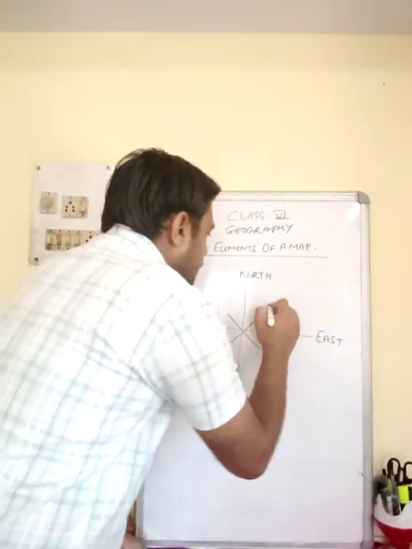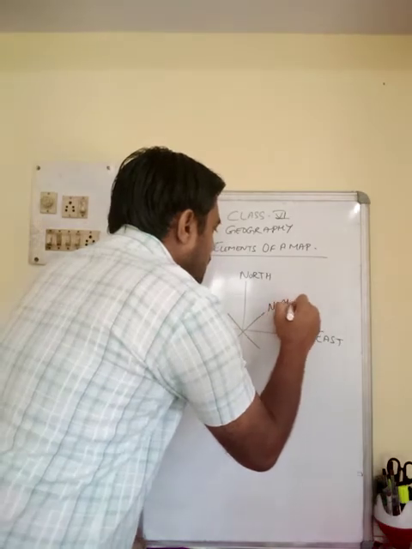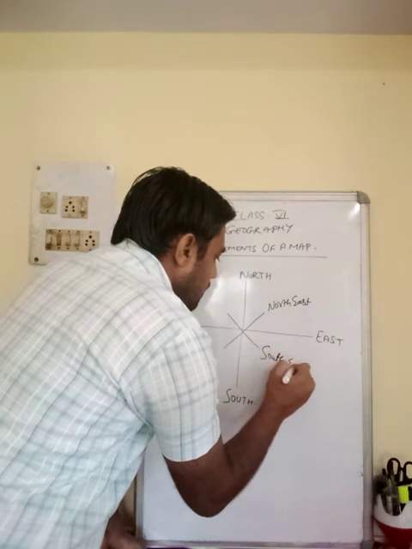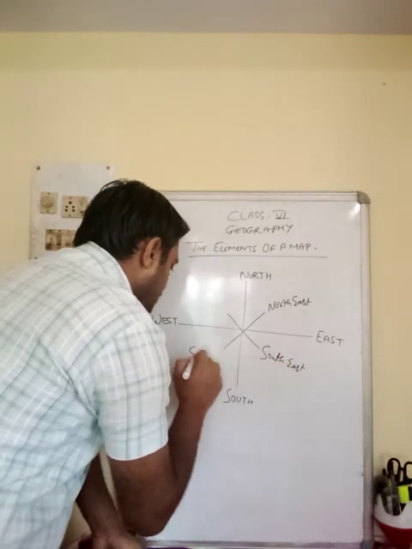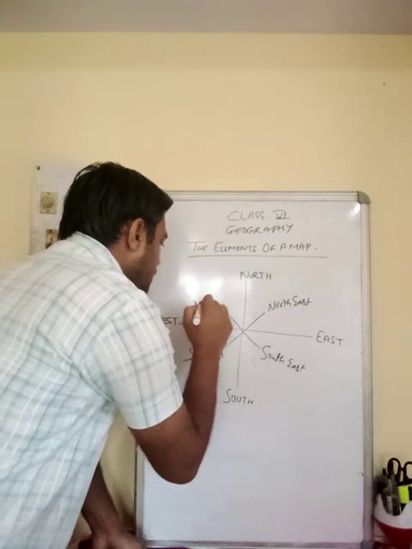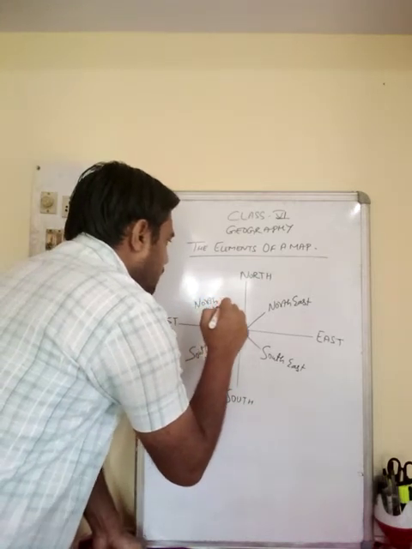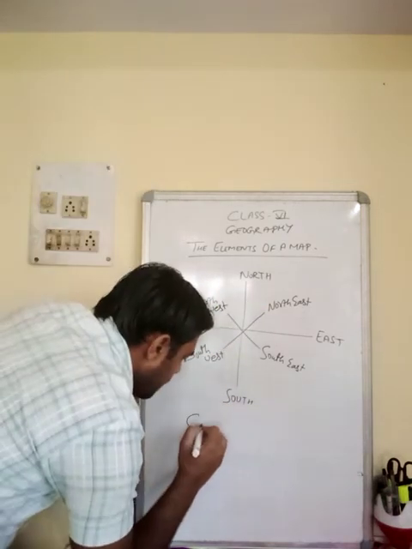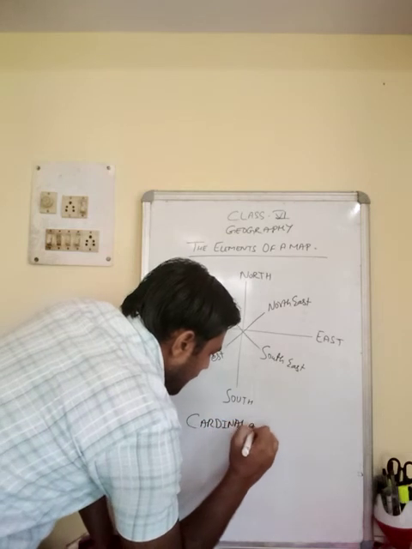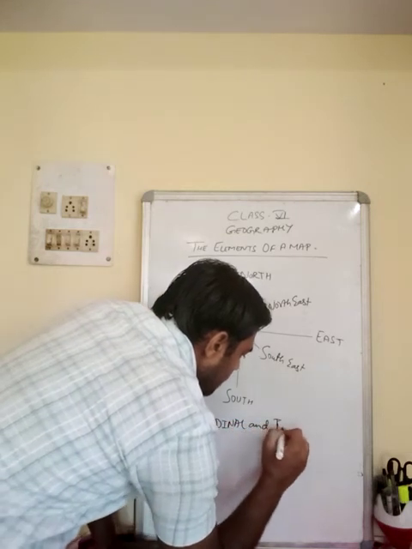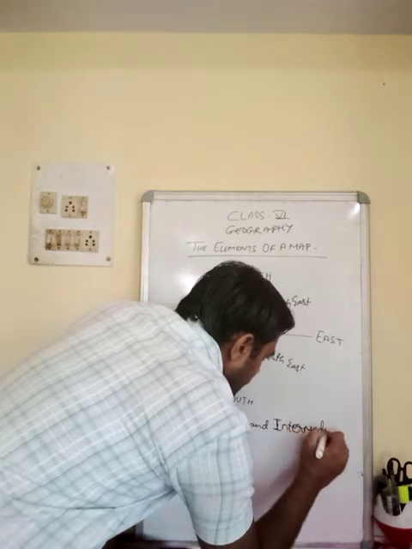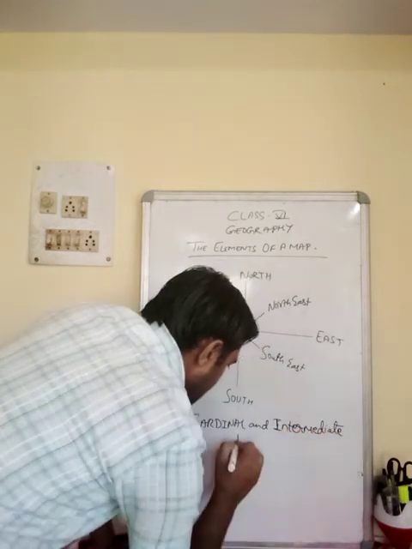Okay, you will have northeast, southeast, southwest and northwest, and below you will write cardinal and intermediate directions.